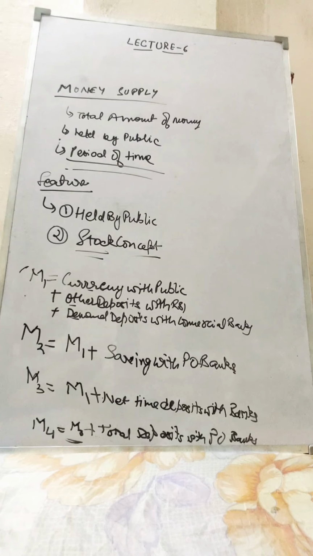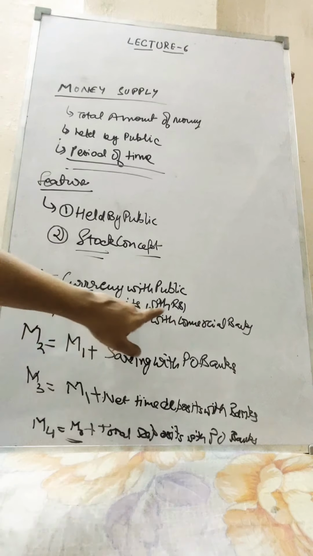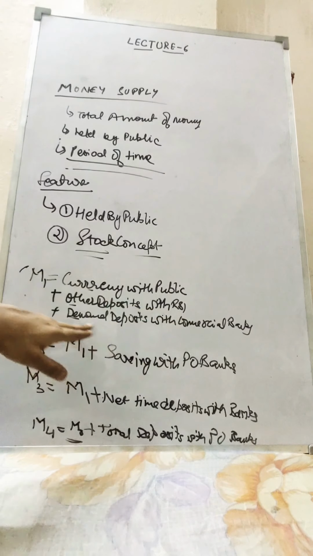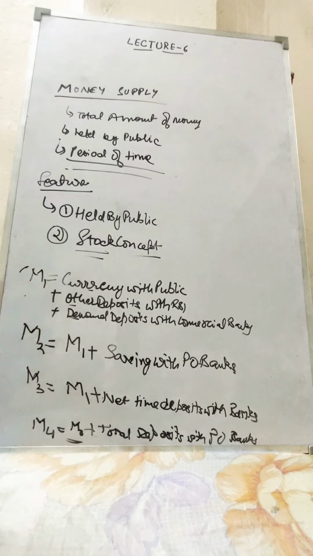Now, keeping some important factors in mind, whenever we calculate the four measures, the liquidity is different in all four. M1 is the most liquid, because you can see that currency, other deposits with the RBI, and demand deposits with commercial banks are involved. This is the most liquid method, as your currency involvement is the most and withdrawal is the most.